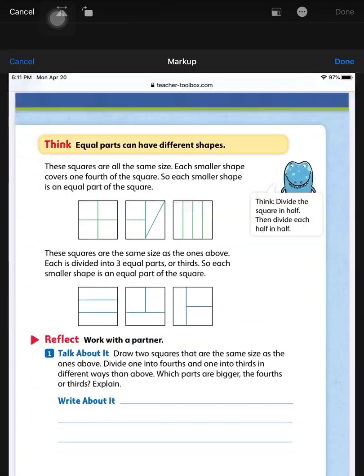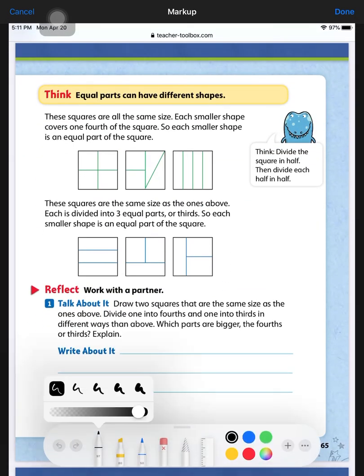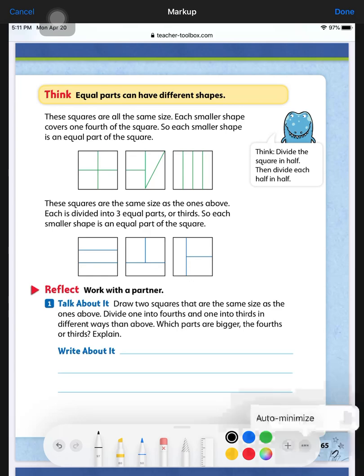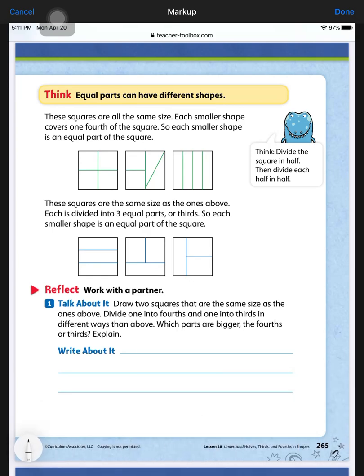Mark up. There we go. Sorry about that. It lets you know how imperfect us teachers are as well. We make mistakes as well as you all do sometimes, and it's okay. Gotta learn from our mistakes.